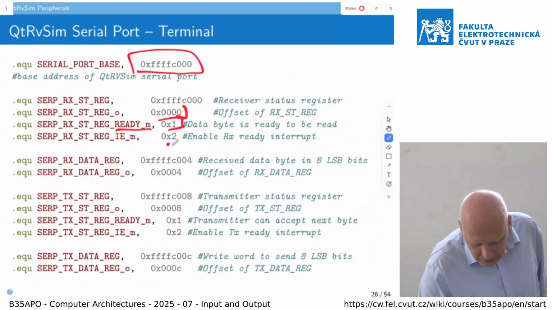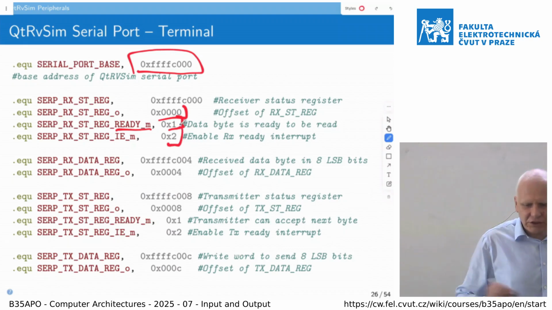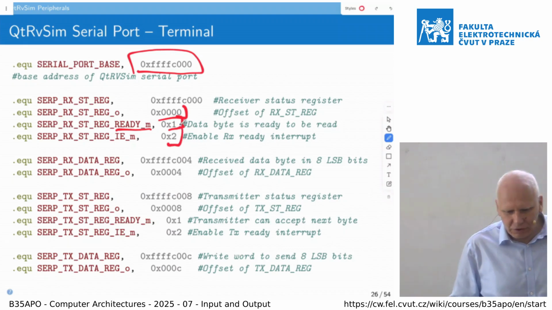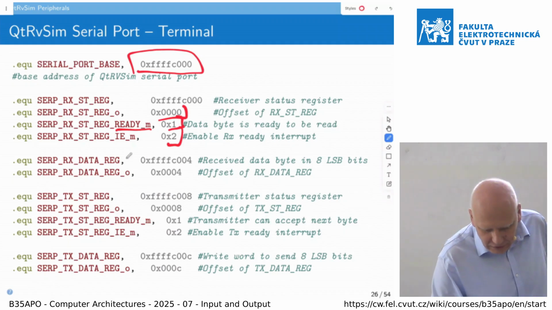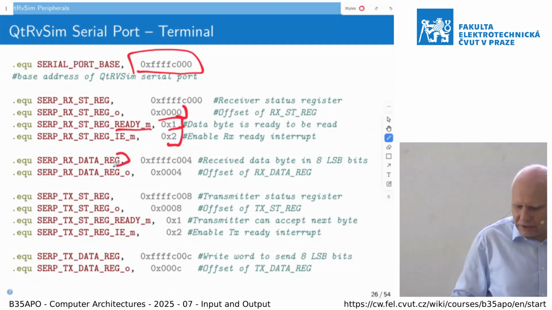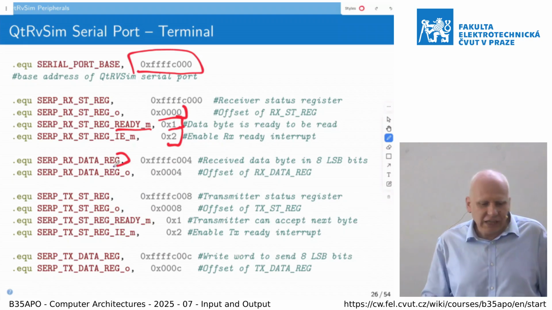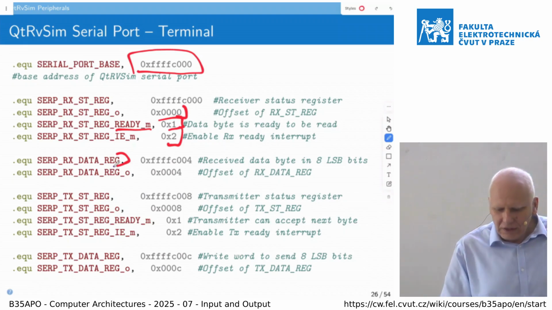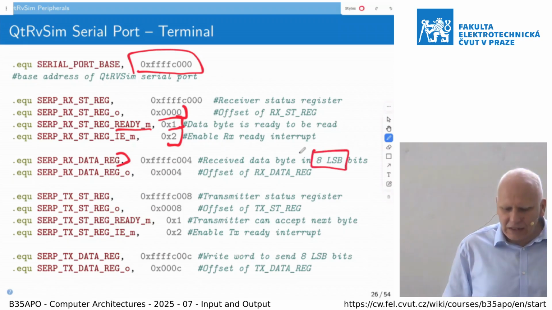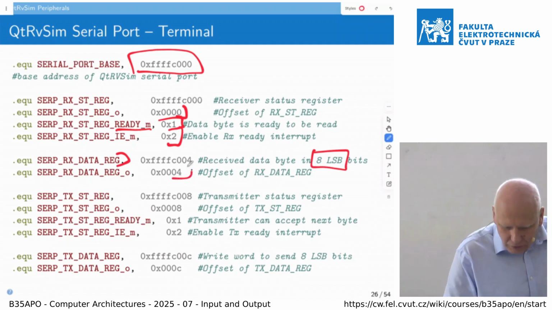Then bit number 1 is used for interrupt-driven communication. Then the data register for the receiver is a simple 32-bit register, but only the 8 least significant bits are filled by the data. It is at offset 4.